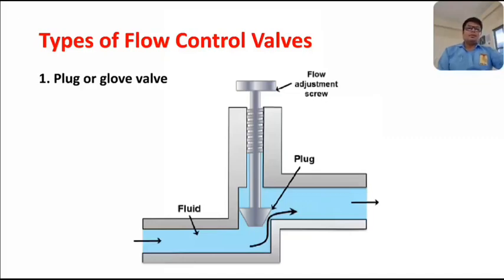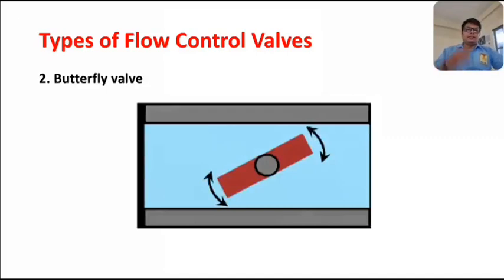The second type of flow control valve is the butterfly valve. So you can see a very commonly used and very simple schematic diagram of the butterfly valve. It consists of a disc which can rotate inside the pipe.